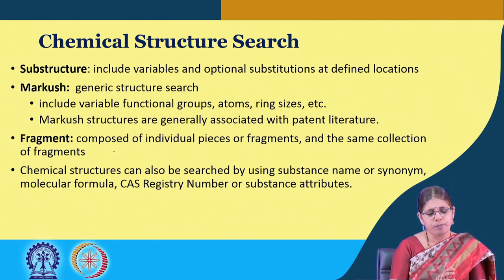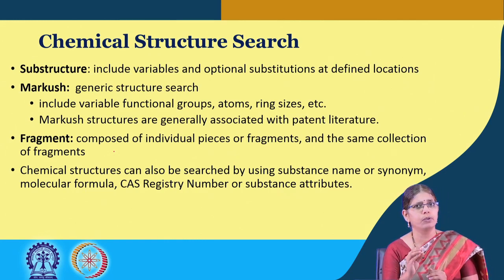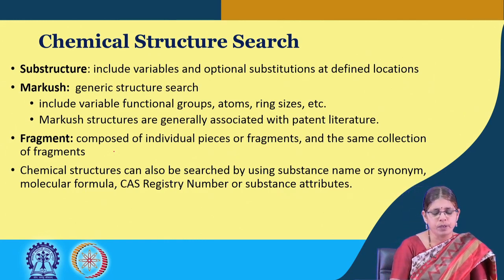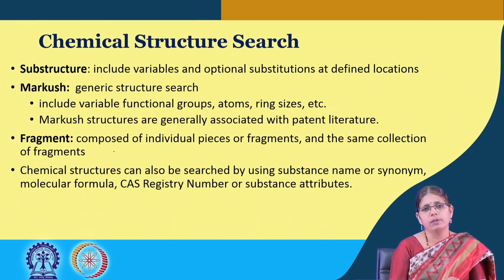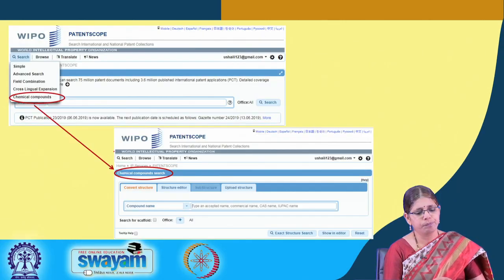Of course, one can also go for the fragmented aspect of what we call the chemical structure search, where you can specifically go for only individual structures for the search. Today chemical structures can also be searched by the CAS registry information that is available, and databases today also support the chemical structure search.